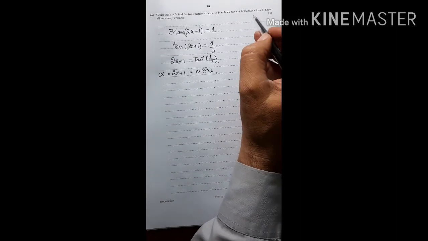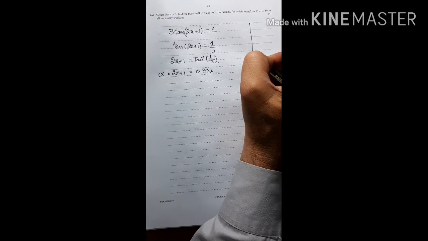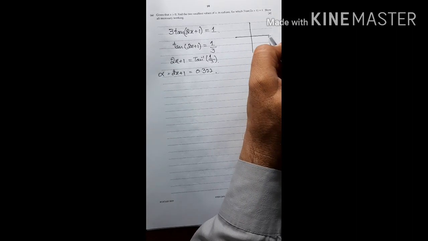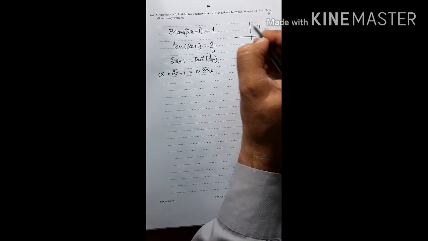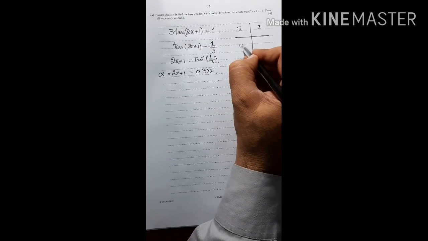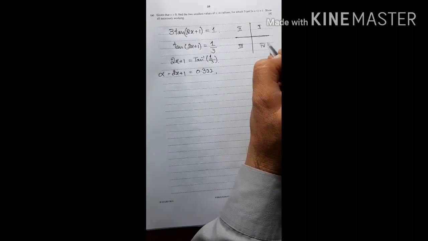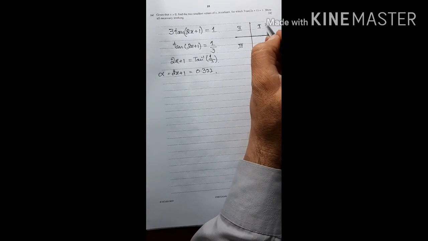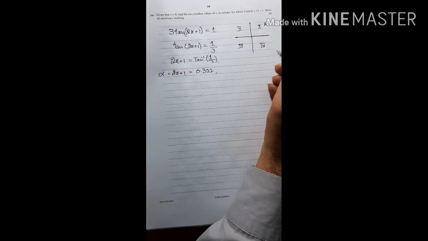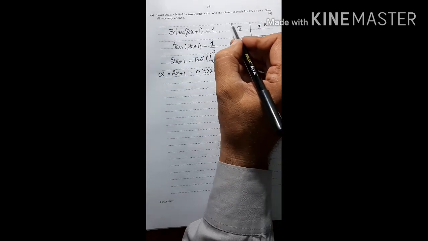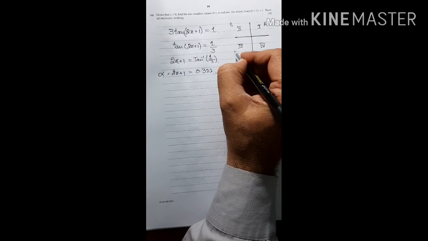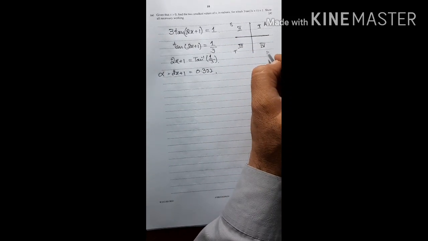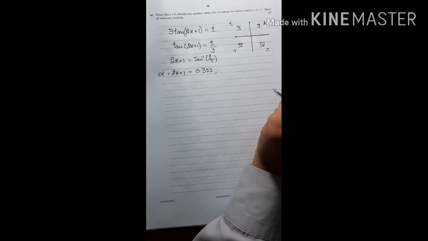So if you draw the 4 quadrants, first, second, third, fourth, and we know in the first quadrant all is positive, in the second sine is positive, in the third tan is positive, and in the fourth cos is positive.